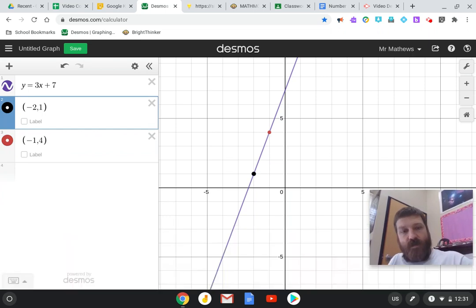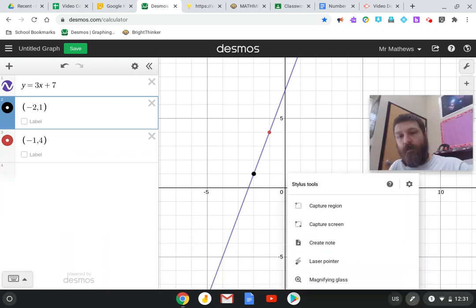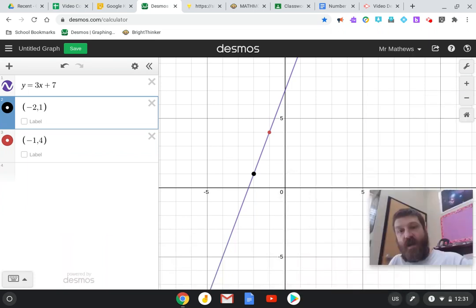And when I want to find the slope, I need to identify two numbers. I need to identify the change in the y value and the change in the x value from this point to this point. So plain and simple, this goes up 3 spaces and then goes over 1 space.